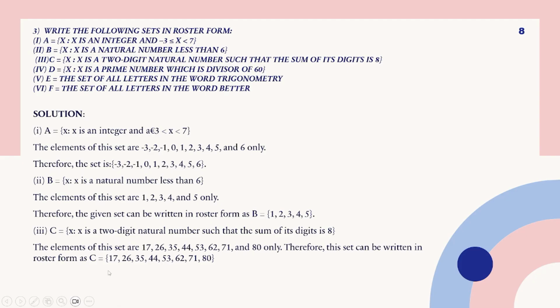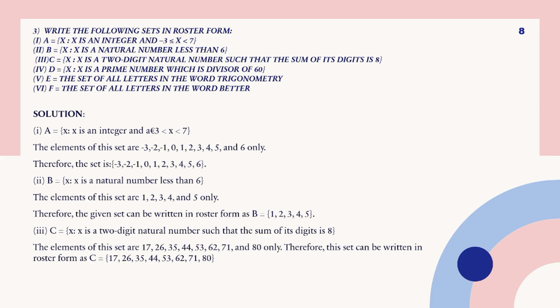We can see 1 and 7: 1 plus 7 gives 8. 2 plus 6 gives 8. 3 plus 5 gives 8. 4 plus 4 gives 8. 5 plus 3 gives 8. 6 plus 2 gives 8. 7 plus 1 gives 8. And 8 plus 0 gives 8, but we do not include 8 because they have asked specifically for two-digit natural numbers.